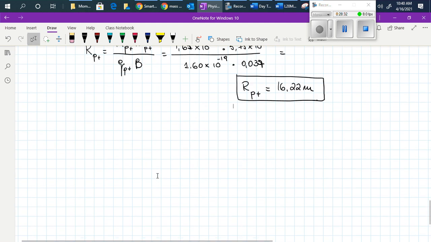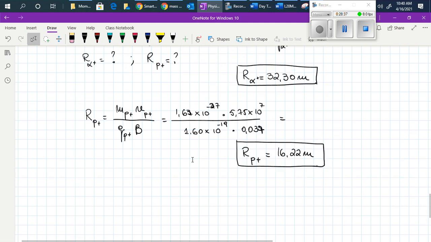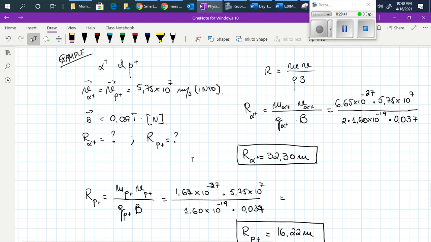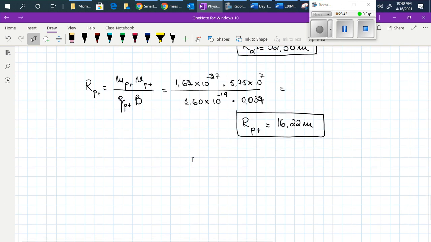Yeah, so if we are going to draw this situation, then what we would have is the velocity of the proton and the alpha particle entering into the page. So we will have something like this.